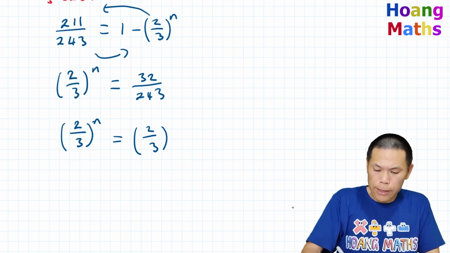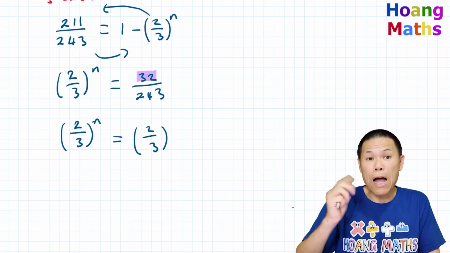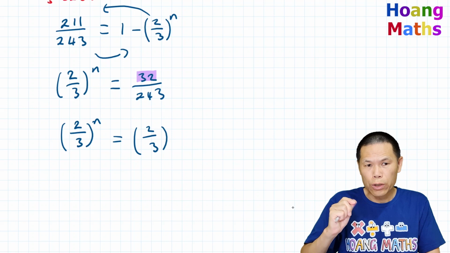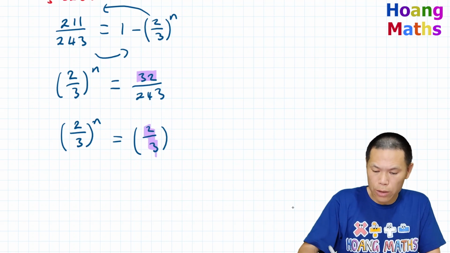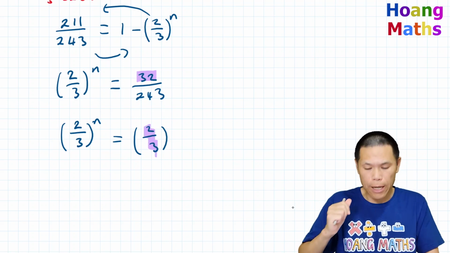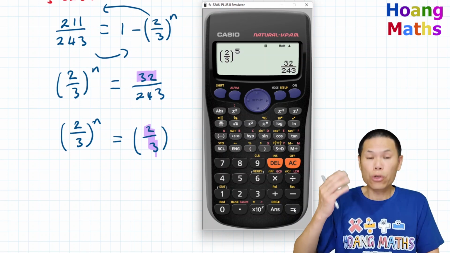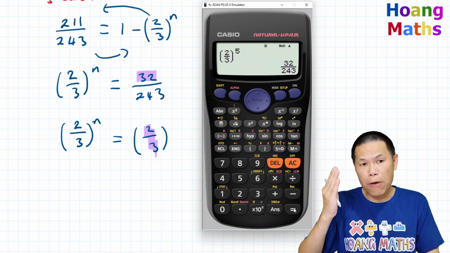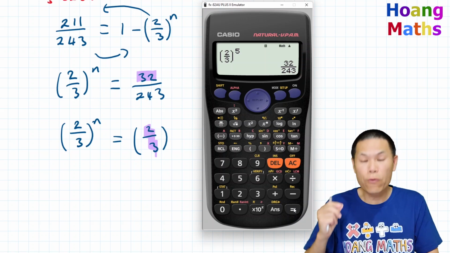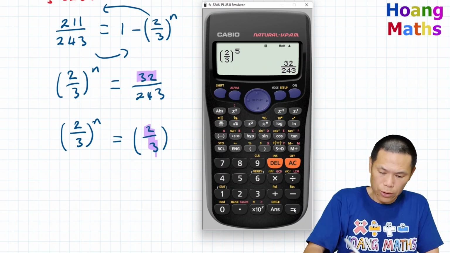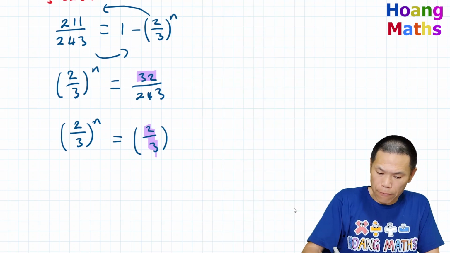Since we know that 2 power of 5 gives me 32, we can try 2/3 power of 5 and see what happens. So we just go brackets, fractions, 2 over 3 power of 5. So there you go, 2 over 3 power of 5 will give me 32 over 243. So that is power of 5.